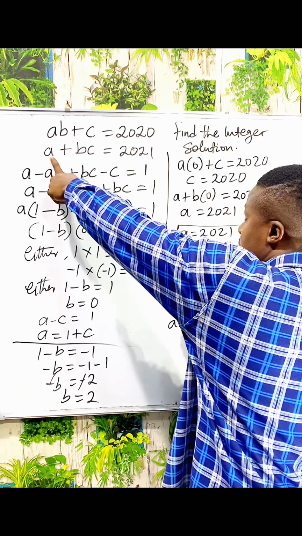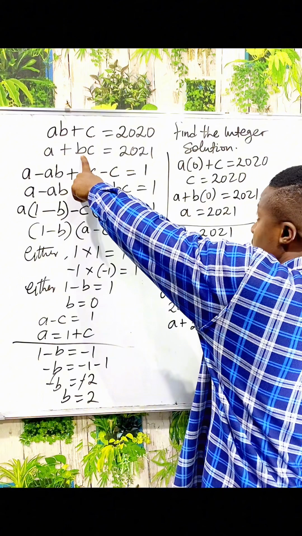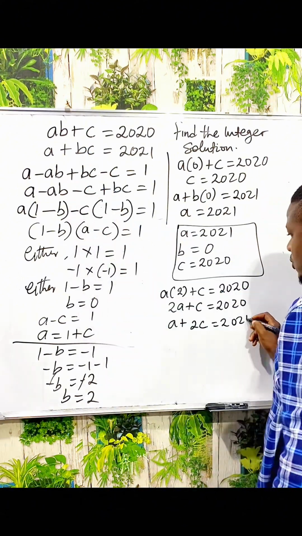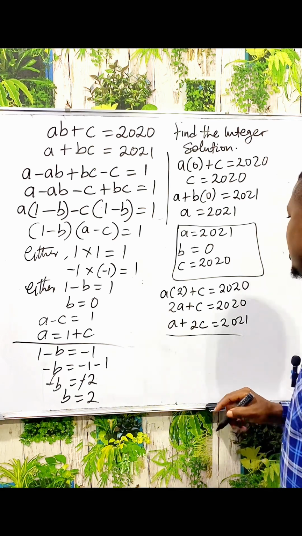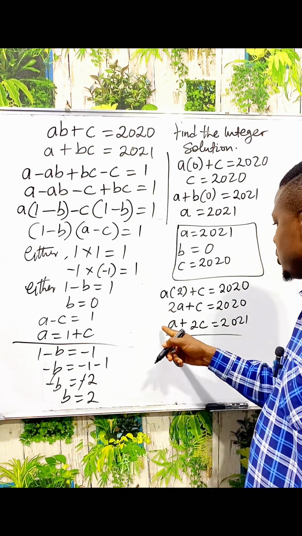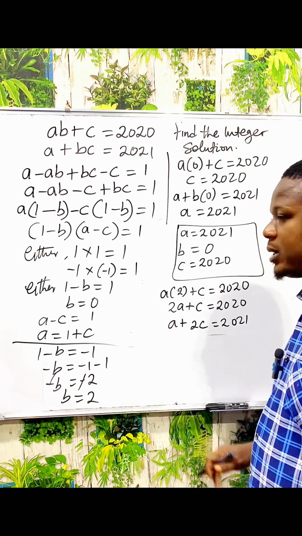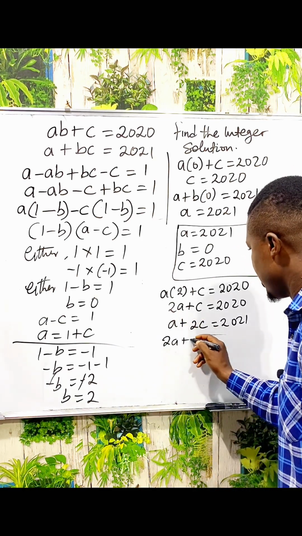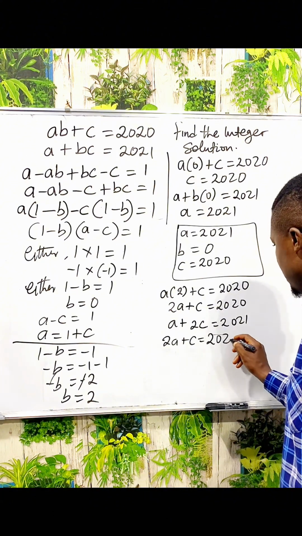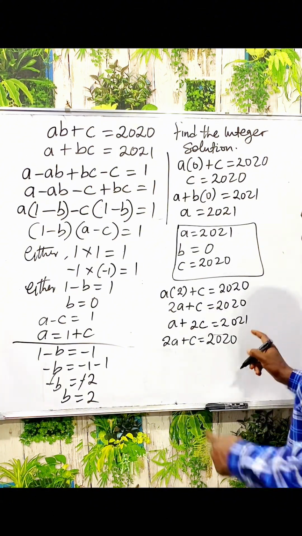We'll have A plus 2C equal to 2021. We can actually solve this equation. But to solve it, let us multiply the second equation by 2. Bring this equation down: 2A plus C is 2020.